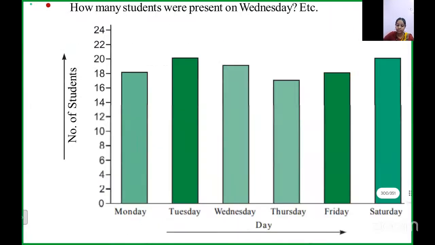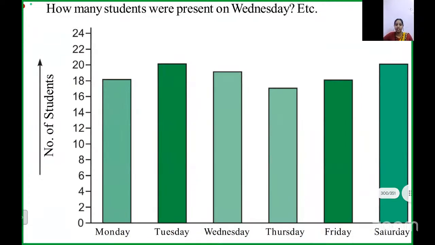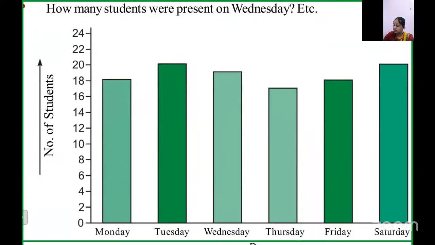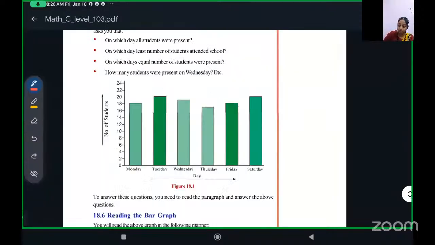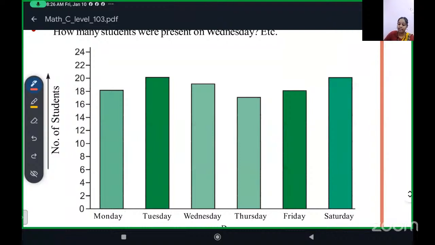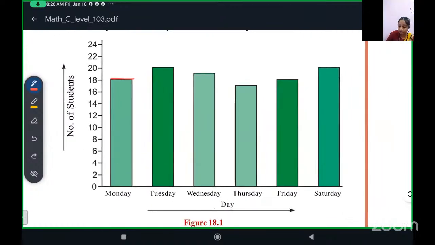So now it shows us how many students were present on Monday. If you look at the first bar, it's at around 18. So 18 students were present on Monday.